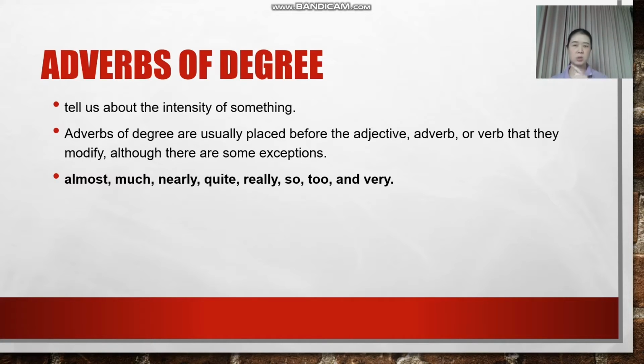Okay, so this one you can see if we compare from the previous adverbs, most of them are used in order to modify verbs. But for adverbs of degree, we can use them in order to modify three parts of speech. They are verbs, adverbs, and adjectives.